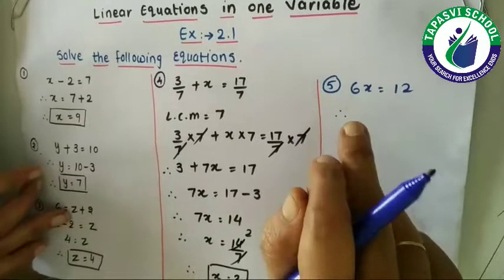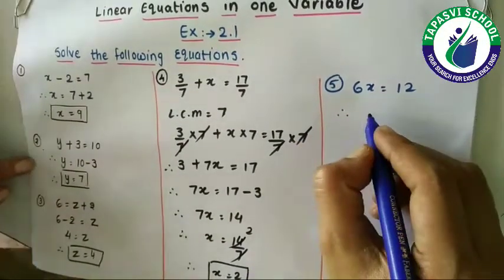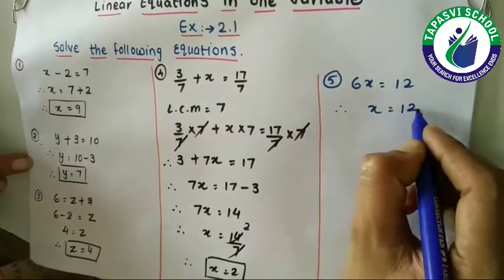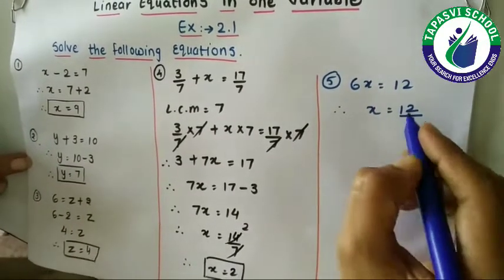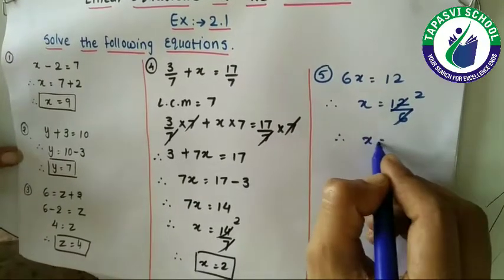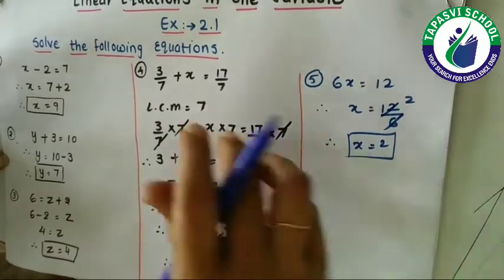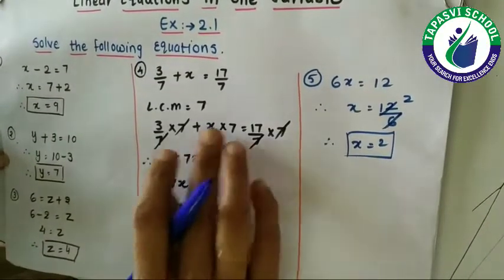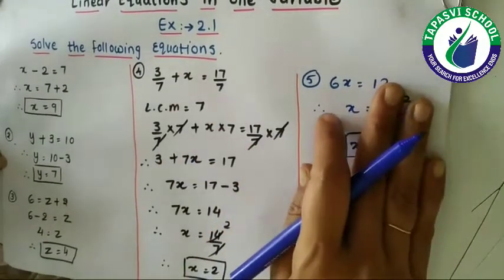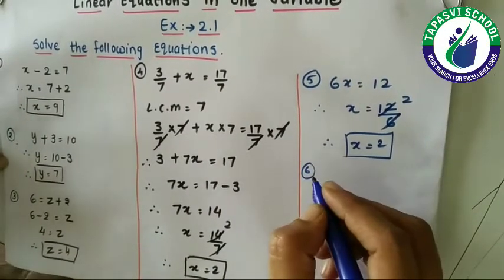Here 6 is in the relation of multiplication this side, it will come in the relation of division, and we will do direct cancellation. So we will get the answer. A very big challenge will be there only if our equation is not in a standard format. If it is already in a standard format, then we will easily be able to solve it.